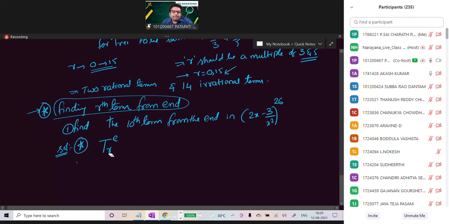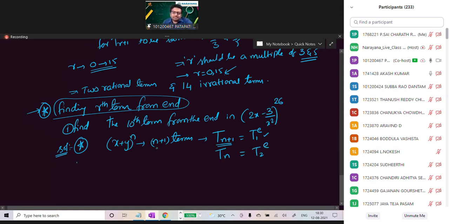See, let us take a pattern. Suppose there is (x plus y) whole power n. There are n plus 1 terms. So T(n+1) is the first term from the end. Tn will be the second term from the end, right?